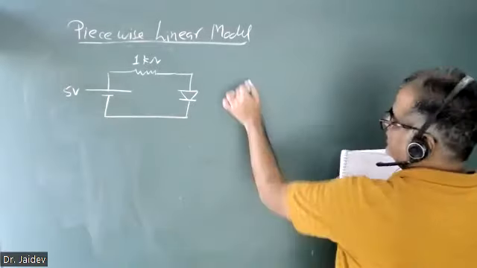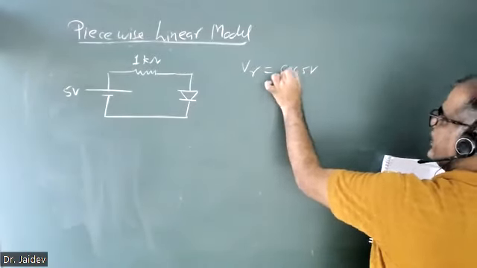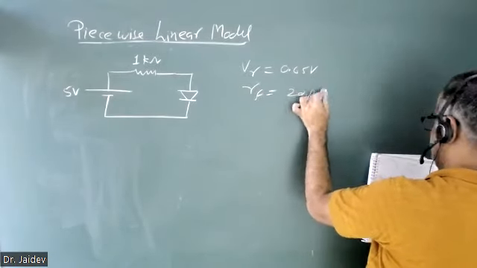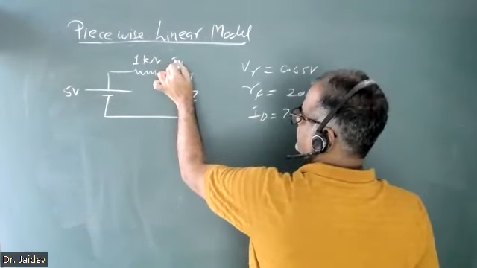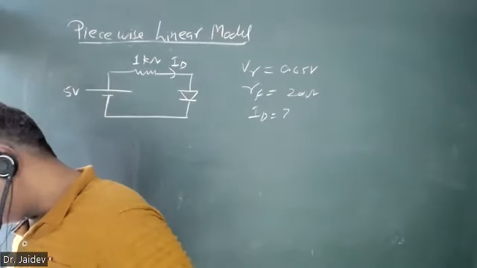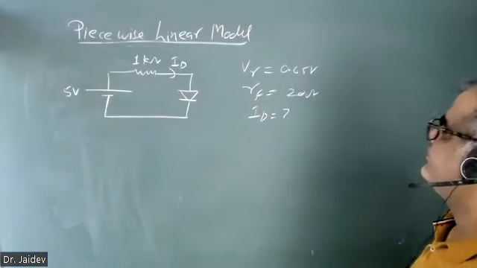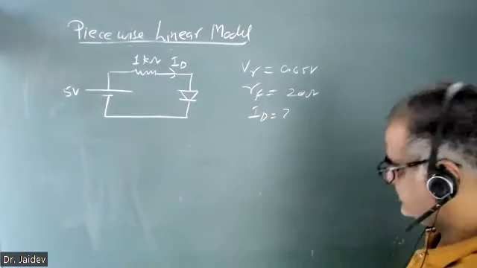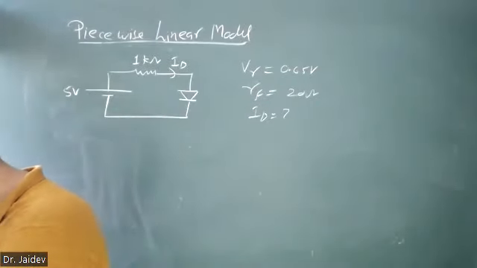The cutoff voltage for the diode is 0.65 volt, and the forward resistance is 20 ohm. Find the ID in the circuit. First check whether it is forward bias or not. If it is forward bias, then find the current.